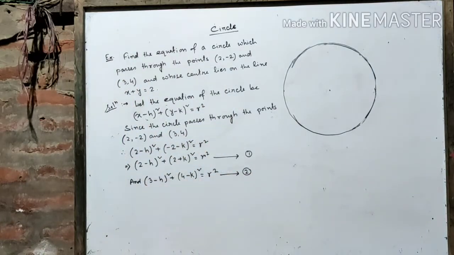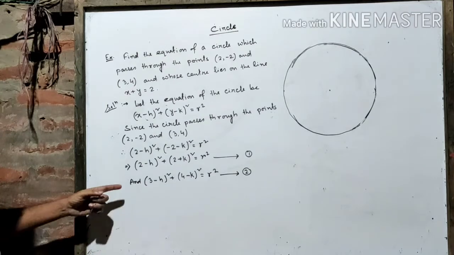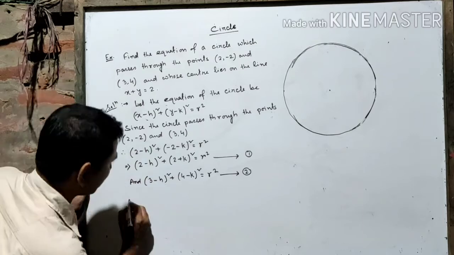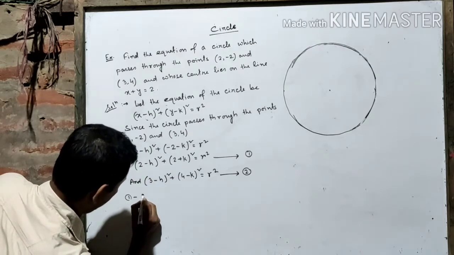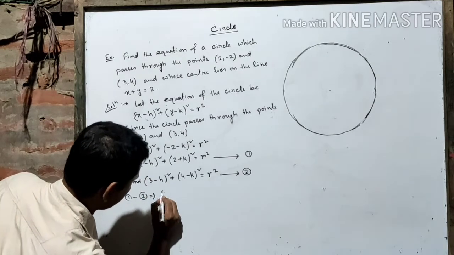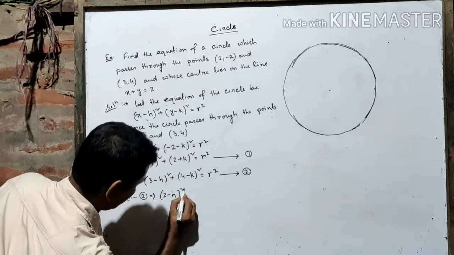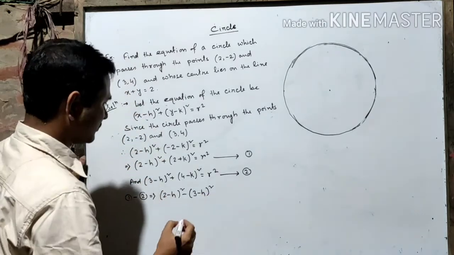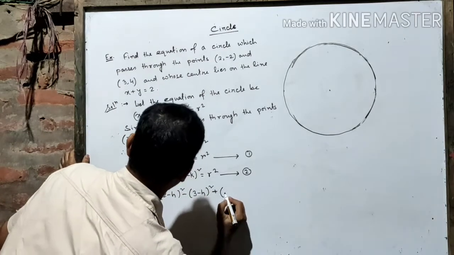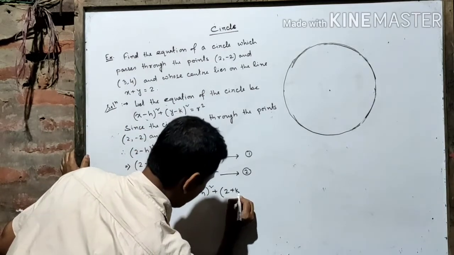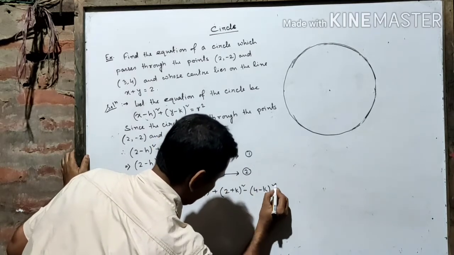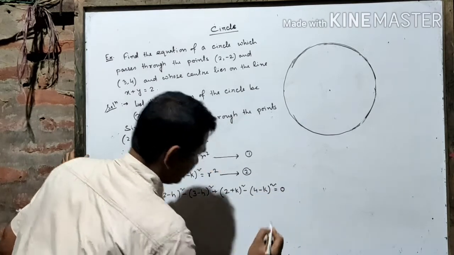Subtracting one from the other, equation 1 minus 2 implies (2 − h)² − (3 − h)² + (2 + k)² − (4 − k)² = 0.